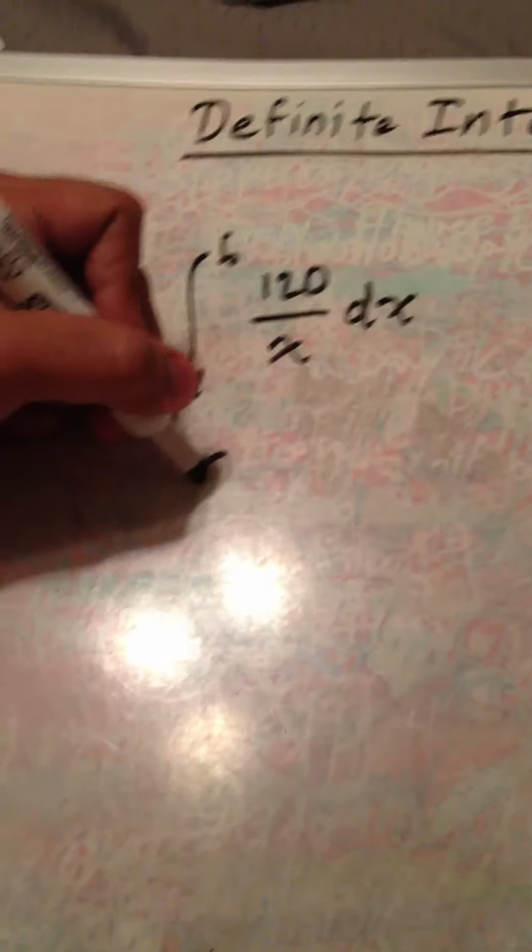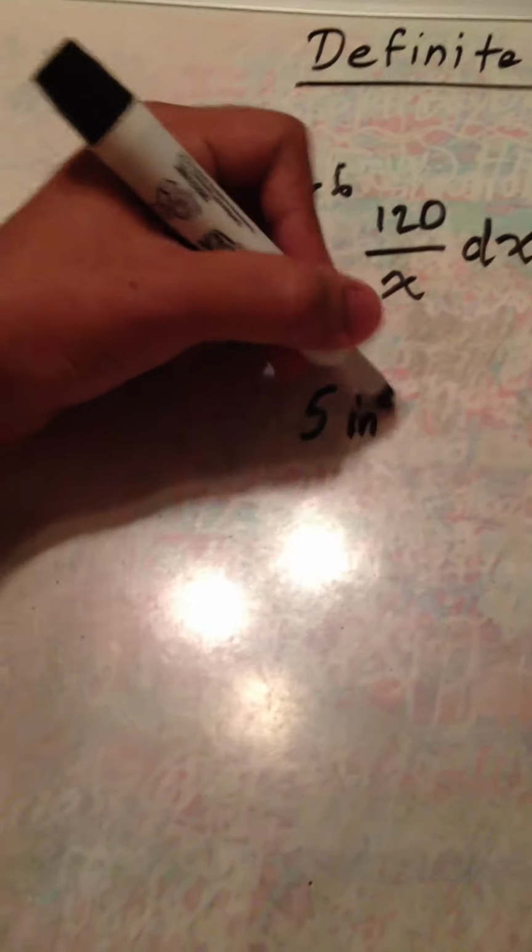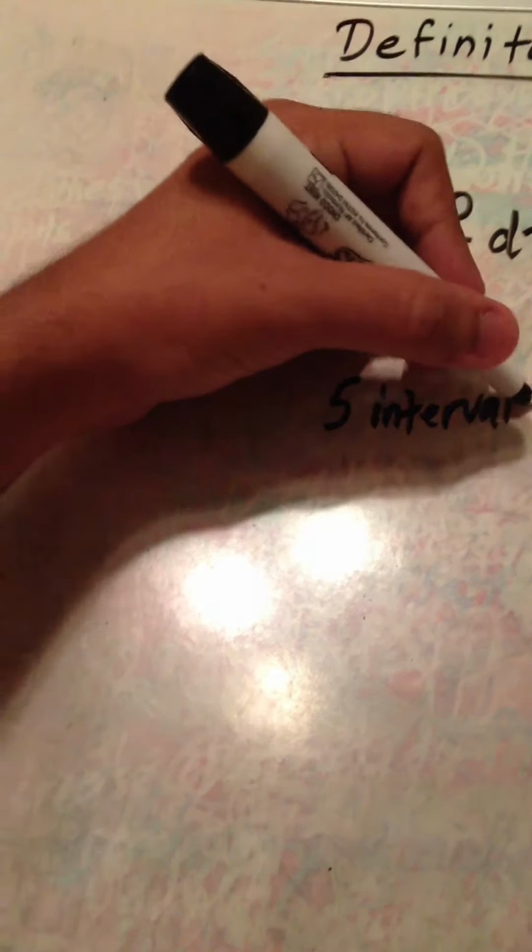Say you have the integral from 1 to 6 of 120 over x dx, and you want to use 5 intervals. You want to find the left-hand sum, the right-hand sum, and I'll explain what the midpoint sum is right now, actually. Let's draw a quick sketch of how to do this.